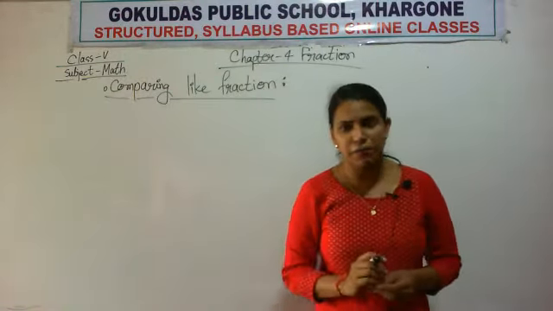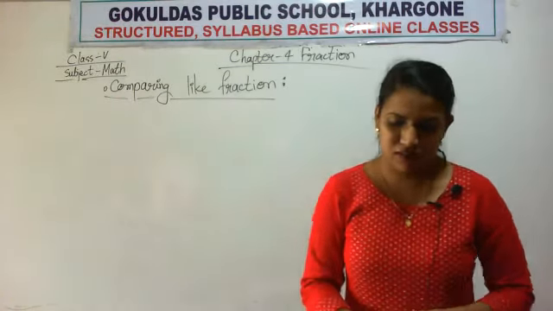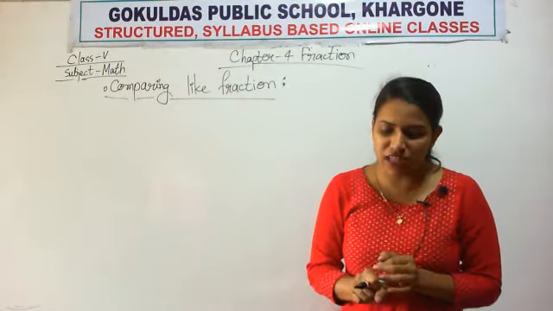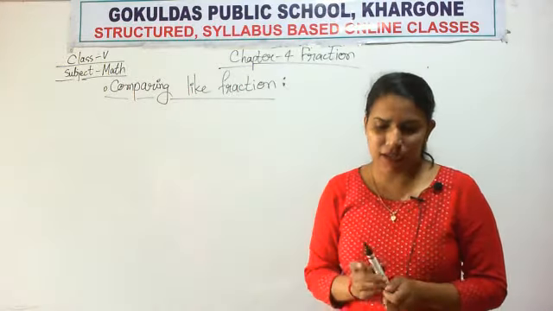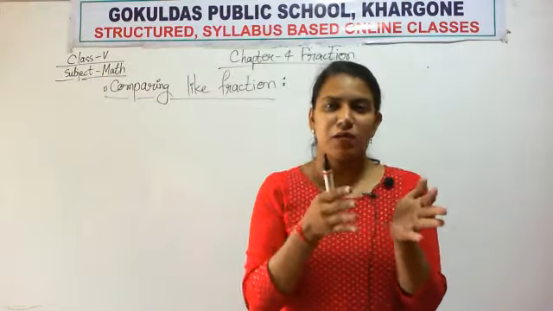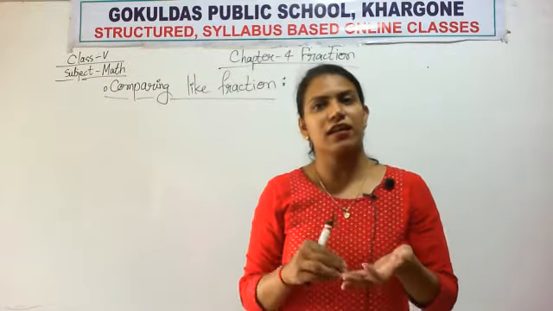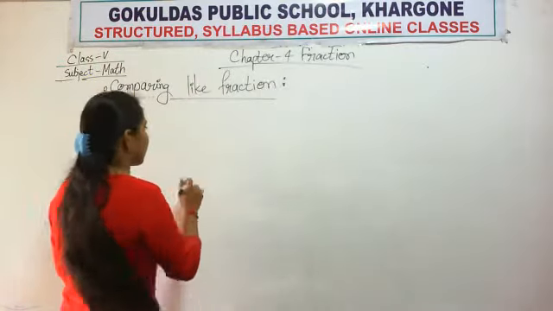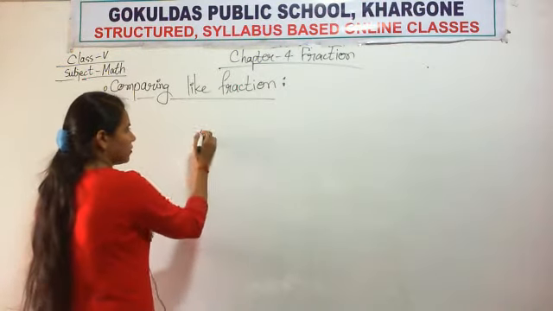Our topic is comparing like fractions. Like fractions are easy to compare. Why? Because they have the same denominator, the same number in the denominator. So we can compare them by the numerator. Look here at how to compare like fractions.